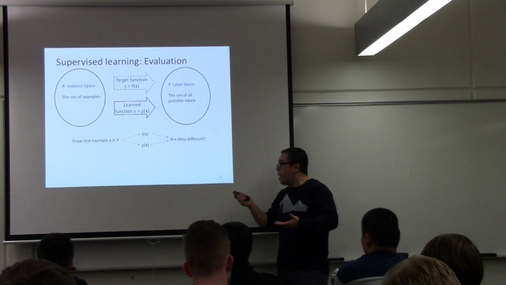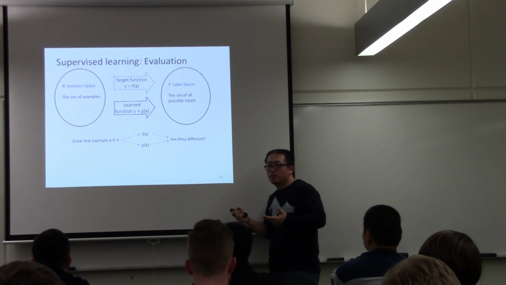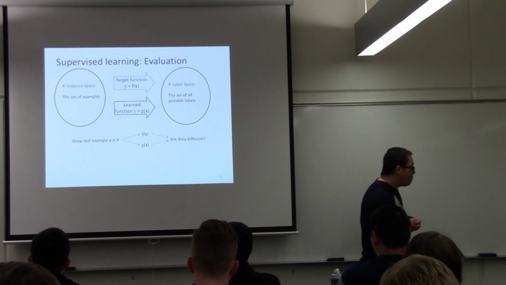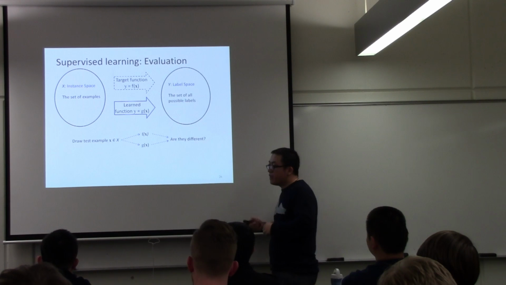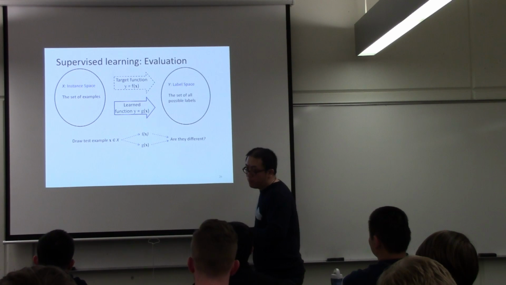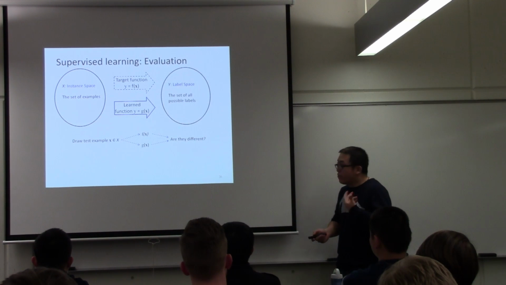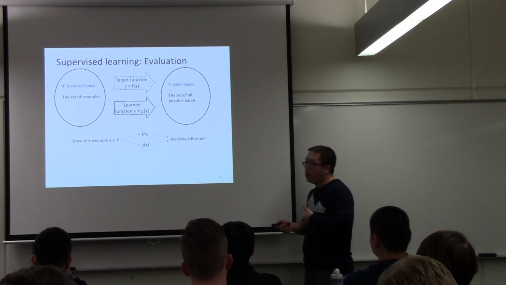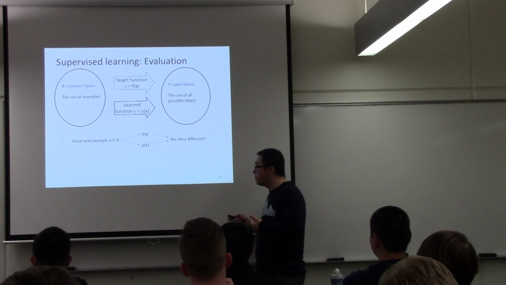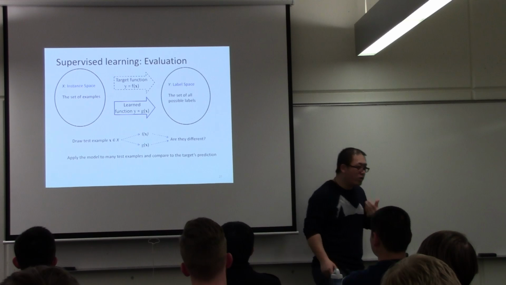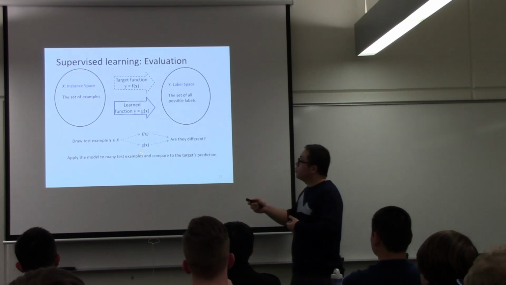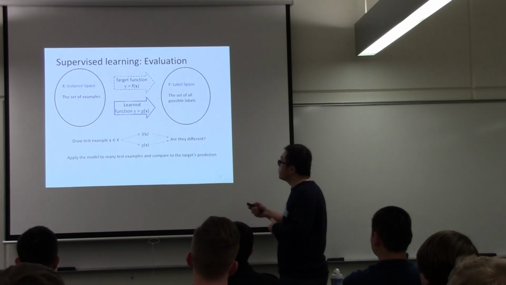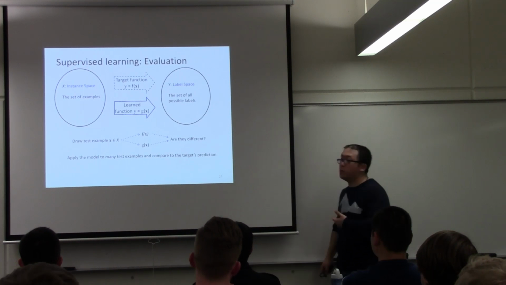Otherwise, our learned function could be problematic. So in order to get a more robust estimation of the generalization performance, or in other words, the quality of our learned function, we usually apply the learned model many times to predict on the test examples and compare with the target prediction.